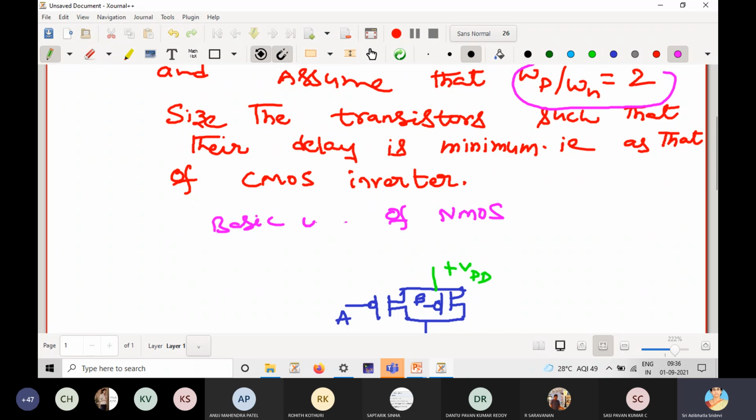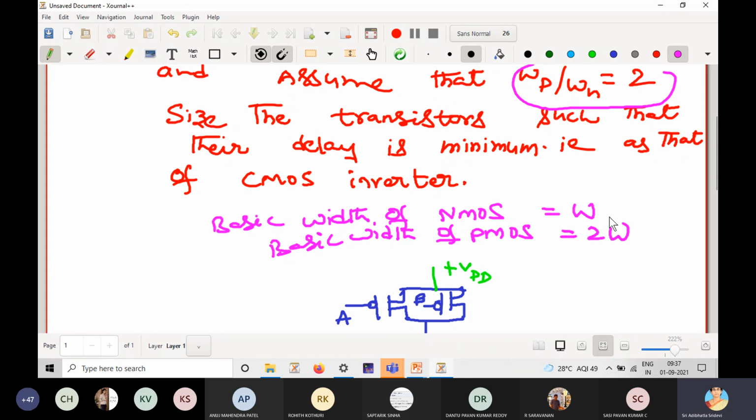Later you can understand it very clearly when we go to the RC delay. Presently, basic width of NMOS equal to W means 200 nano. In the lab, the basic width of NMOS for a symmetric inverter is 200 nano, correct? Then, if basic width of NMOS equal to W, what will be the basic width of PMOS if you want a symmetric inverter? That is 2W.